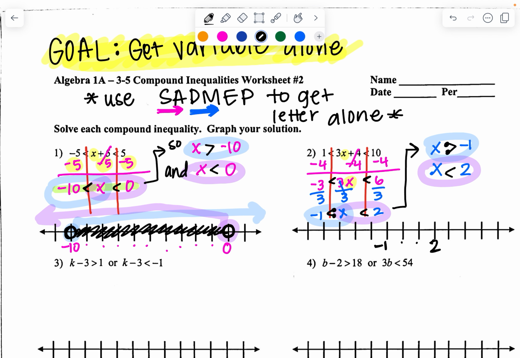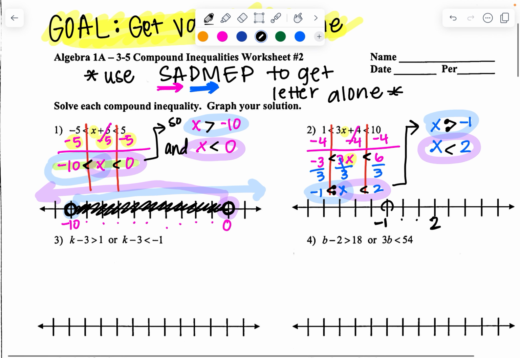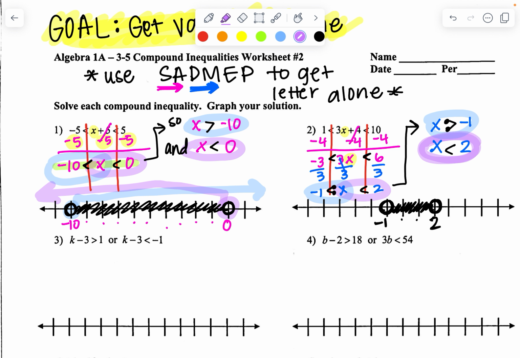And if x is greater than -1, that's an open circle. If x is less than 2, that's also an open circle. And the shading will be like so. Again, if you want to see why that is, x is less than 2 would be going this direction. X is greater than -1 would be going this direction. And I really only care about the overlap.